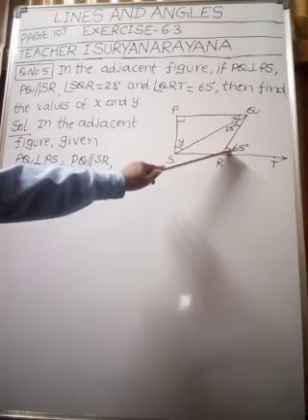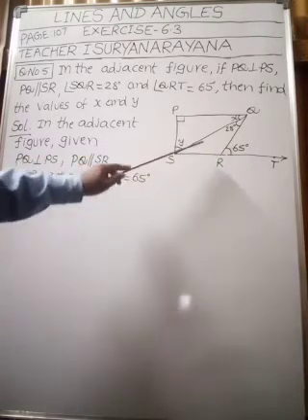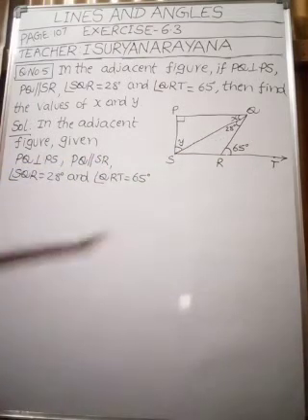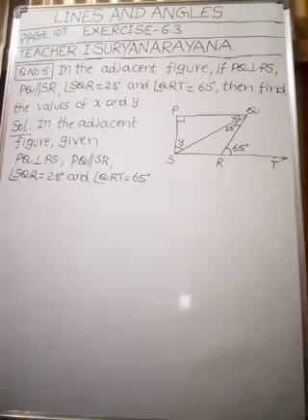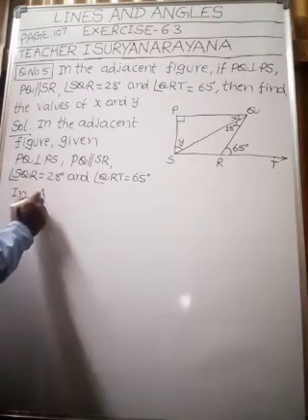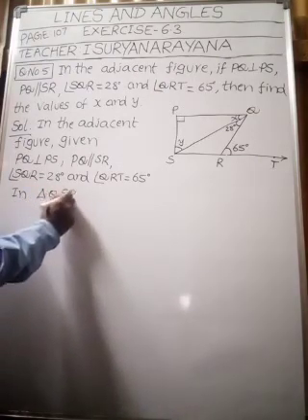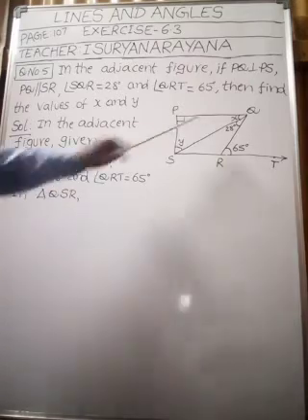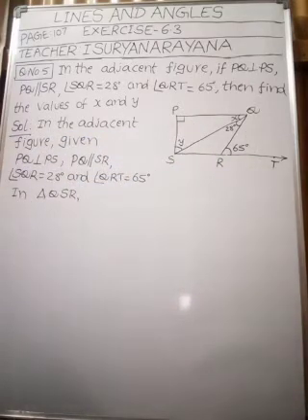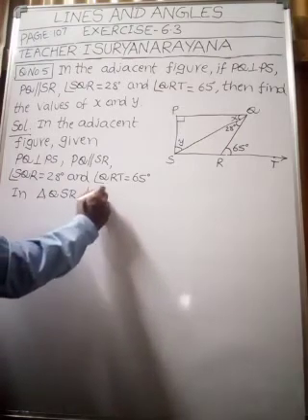The exterior angle of a triangle is equal to the sum of its opposite interior angles. Isn't it or not, my children? Do you remember that one? Right. In triangle QSR, angle QRT is an exterior angle.